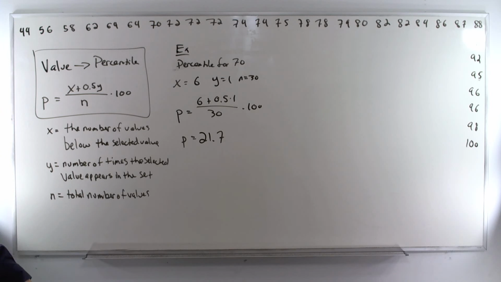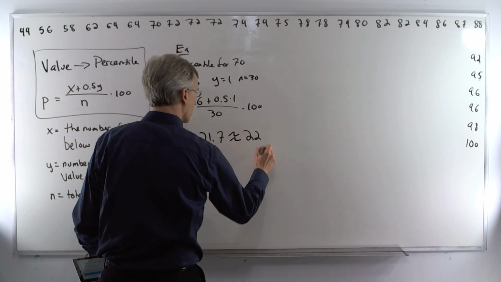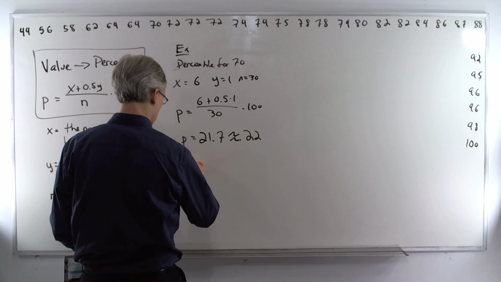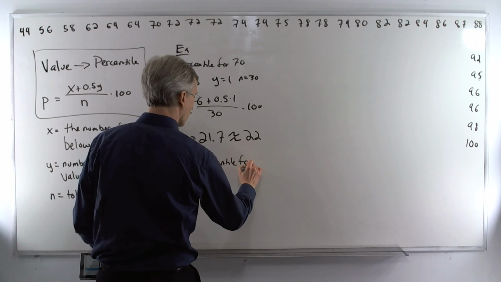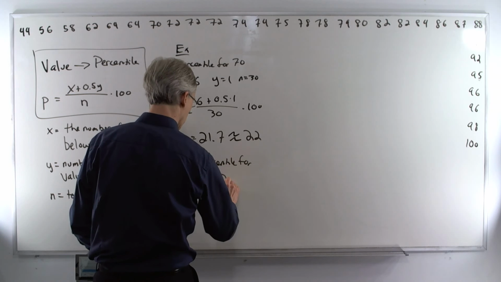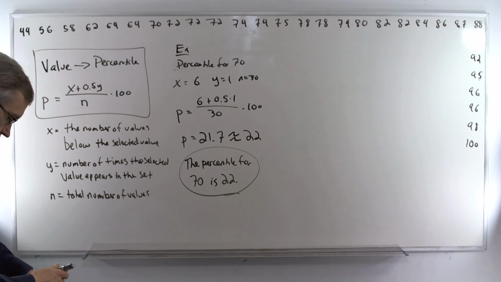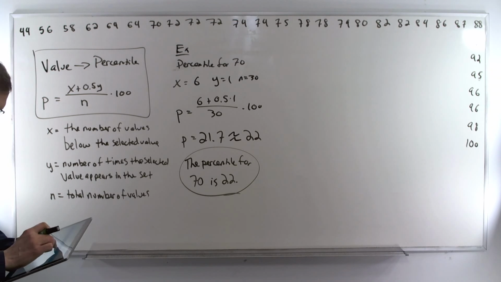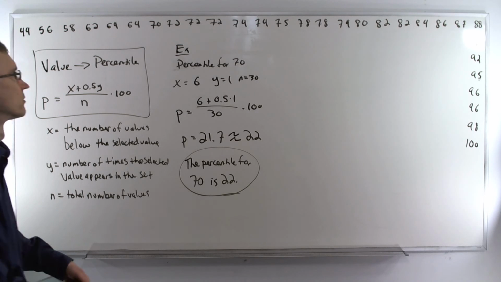Now with percentiles, all you have to do is round, and this rounds up to 22. So the percentile for 70 is 22. Another way of saying that: 70 is the 22nd percentile. Your turn. Find the percentile for 82.